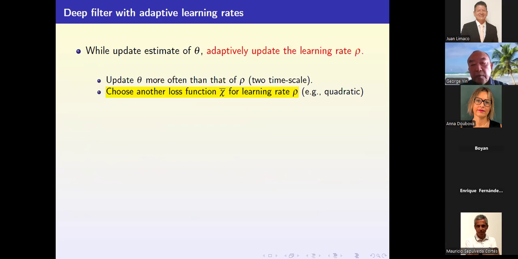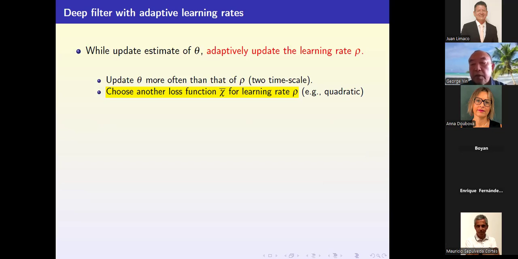Another thing we want to mention that is something new, even for learning-related work. There was once a colleague, Salia, who is doing mathematical finance. He asked me a question: what can you do for the learning rate? For people doing learning, normally they use a constant learning rate. The point is, can you adaptively construct some way so that the learning rate improves in each iteration? So in our algorithm, we actually also include an adaptive learning rate.